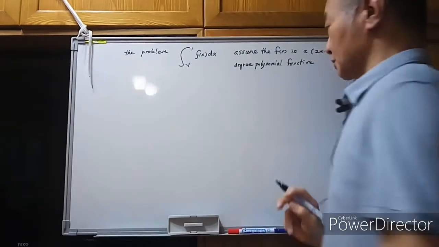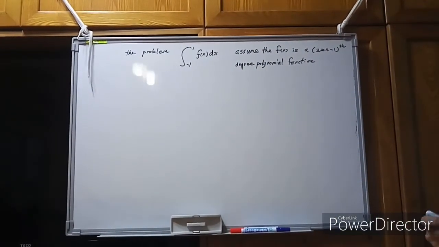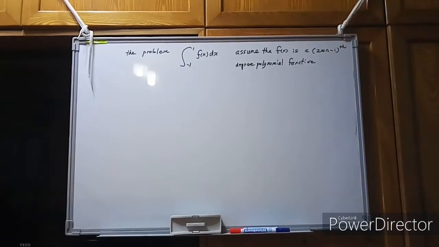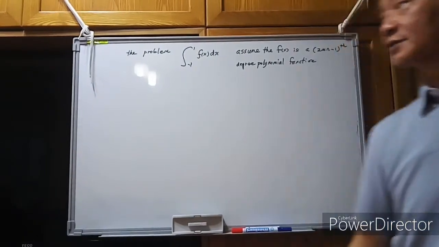Okay, it is an assumption. The f of x is a 2n-1th degree polynomial function. And right now we try to integrate this problem.